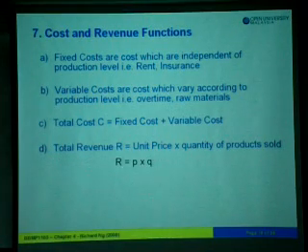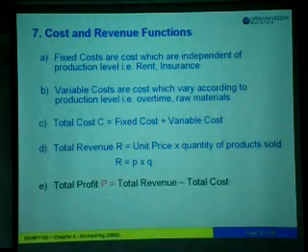So in short, we say R is equal to P, which is the price, times Q, representing the quantity. Next, the total profit obtained, which is represented by P, or sometimes the letter U, will be equal to total revenue minus total cost. So if we take revenue minus cost, we will get profit.